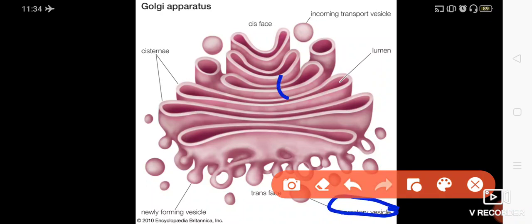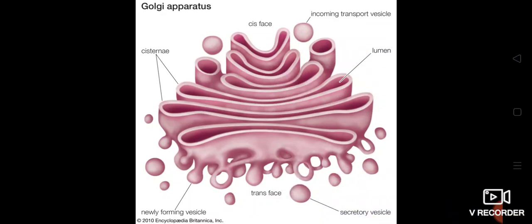Secretory vesicles are the ones which store the materials and throw the material outside the cell. See, this is the diagram. The cis phase is the forming phase, and the trans phase is the matured phase, which is going to release the secretory vesicles outside the cell.